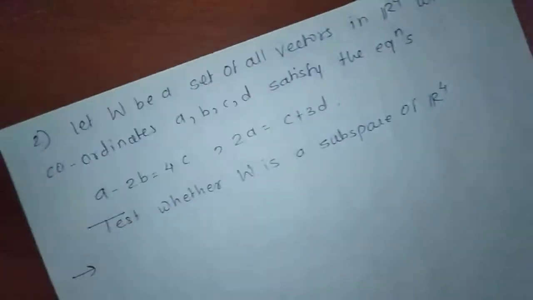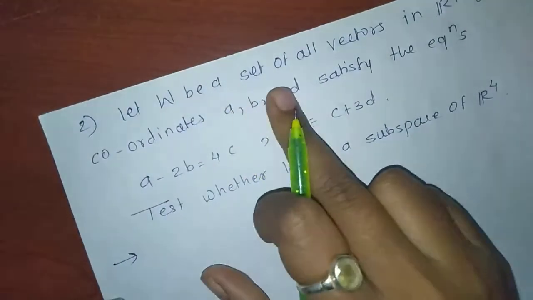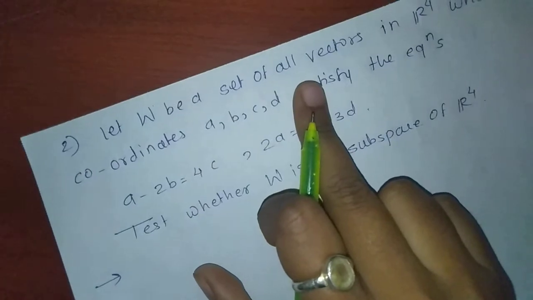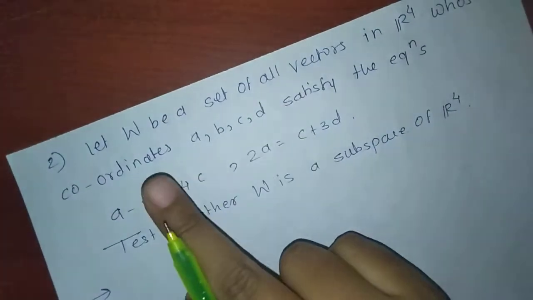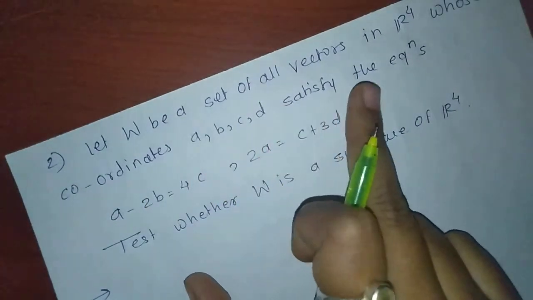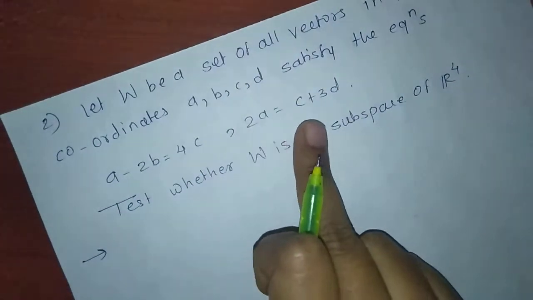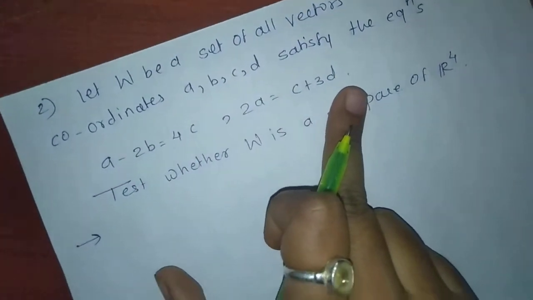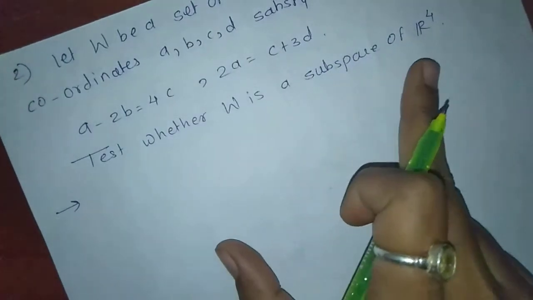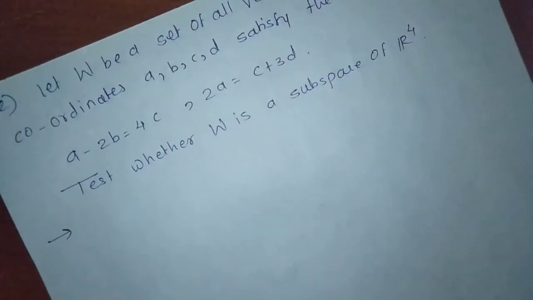Second example. Let W be a set of all vectors in R4 whose coordinates a, b, c, d satisfy the equations a minus 2b equals 4c, 2a equals c plus 3d. Test whether W is a subspace of R4.